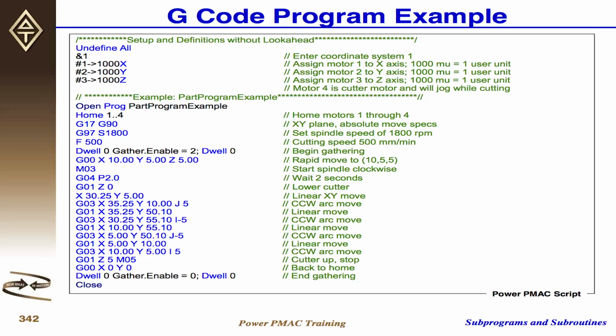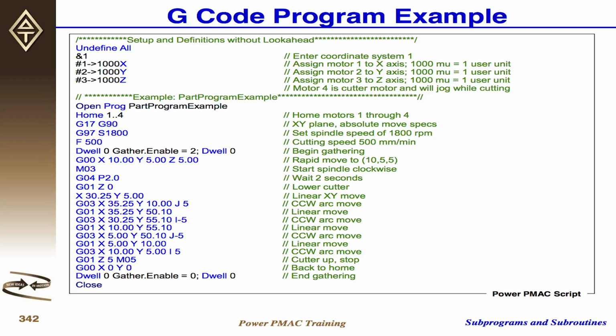Then you're setting the spindle G97, S1800. You're setting the spindle to 1800 revolutions per minute. Then your cutting speed F500, feed rate, and we're gonna gather this data. So begin gathering, and with gathering here, we're gonna plot it.